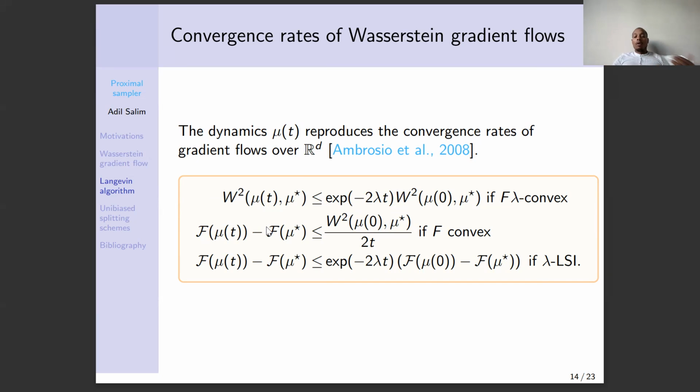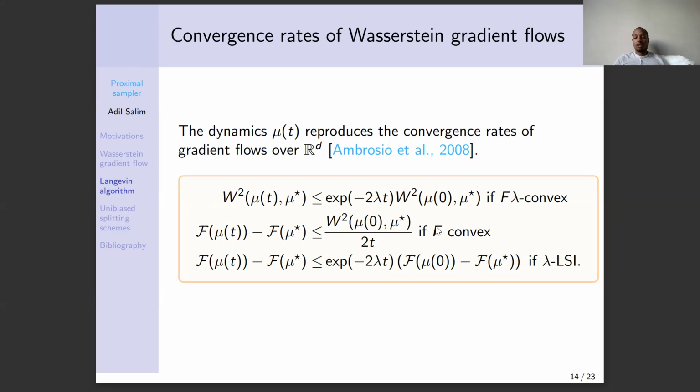Furthermore, over R^d, if the function is just convex, not strongly convex, then you would have convergence of the function values to 0 at the rate 1 over t. And here it is exactly the same: the function values, f of mu t minus f of mu star, converge to 0 at the rate 1 over t, and the constant is the same.